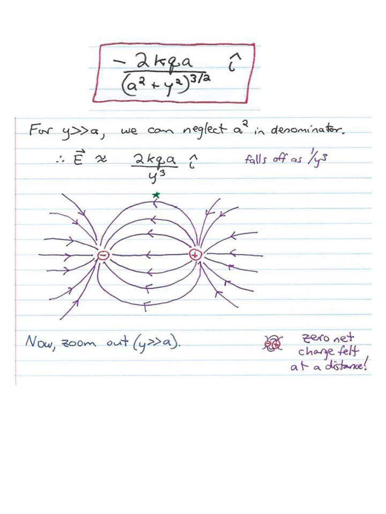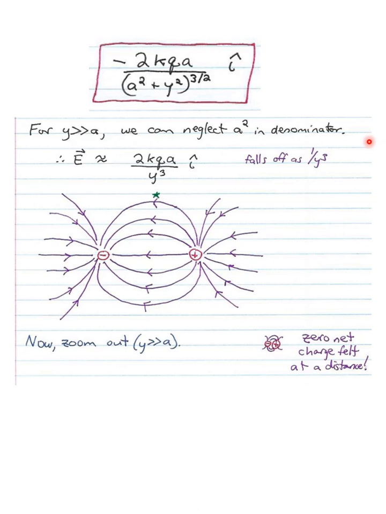Now, the question says to find an approximate expression valid at large distances, meaning far away where y is much, much greater than a, and we're no longer looking microscopically at a positive and a negative charge next to each other. What happens when we get very far away?